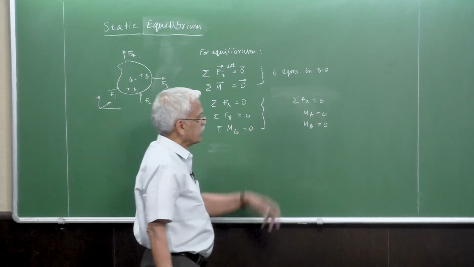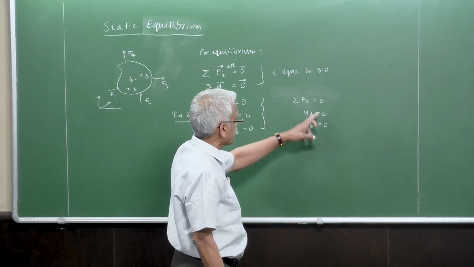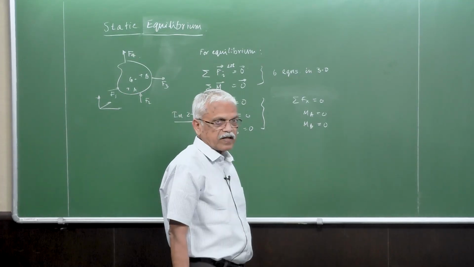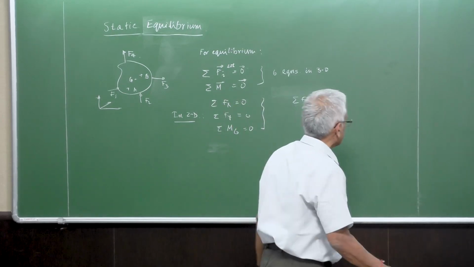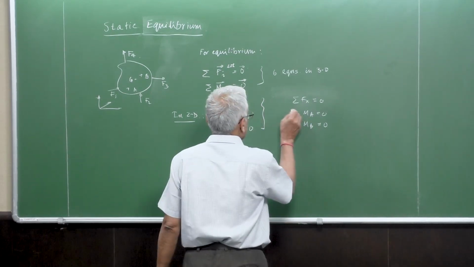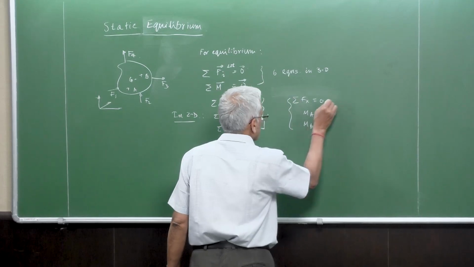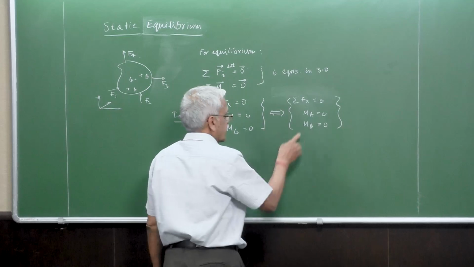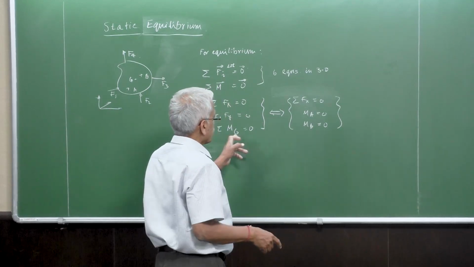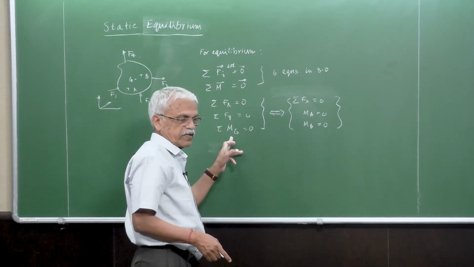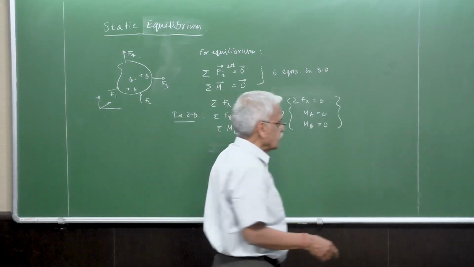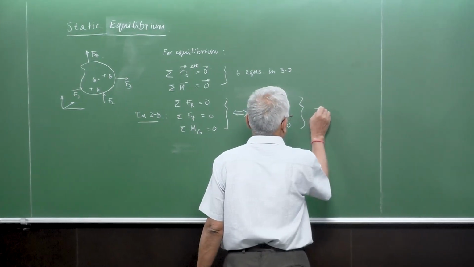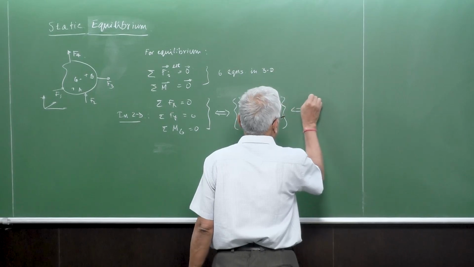So sigma Fx is 0, moment about A is 0 and moment about B is 0. These three equations are equivalent to the basic fundamental equations.